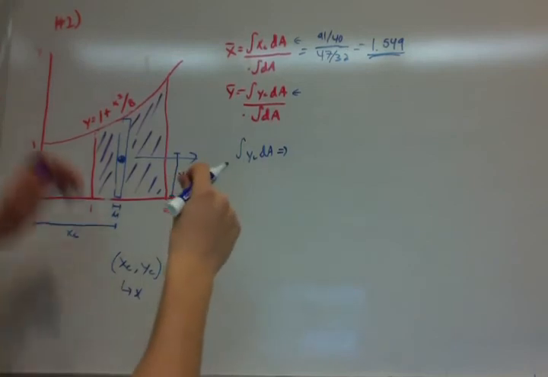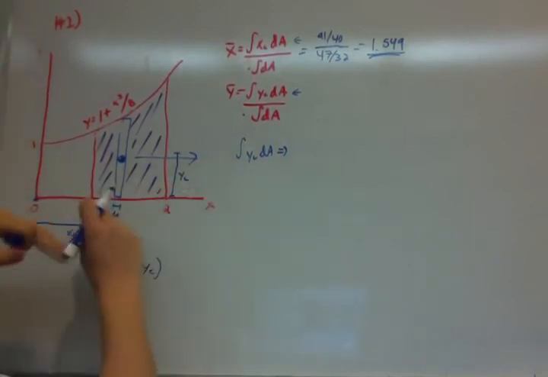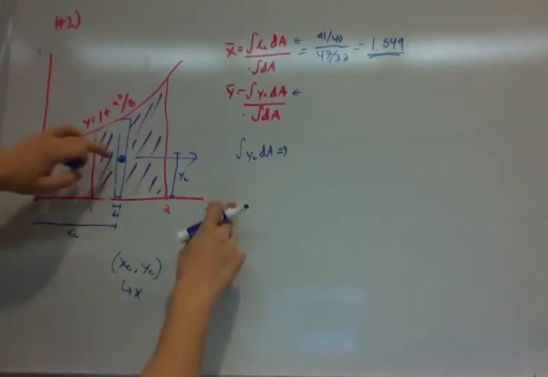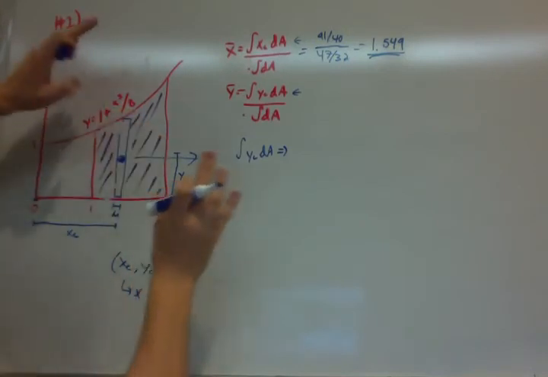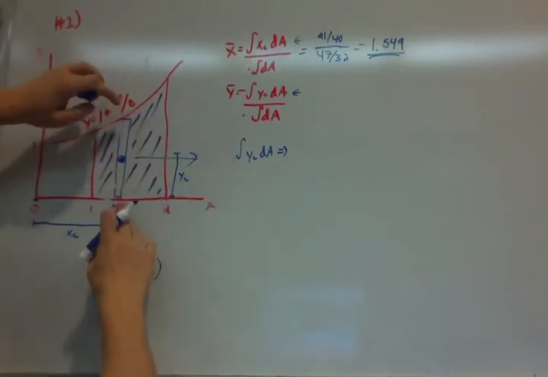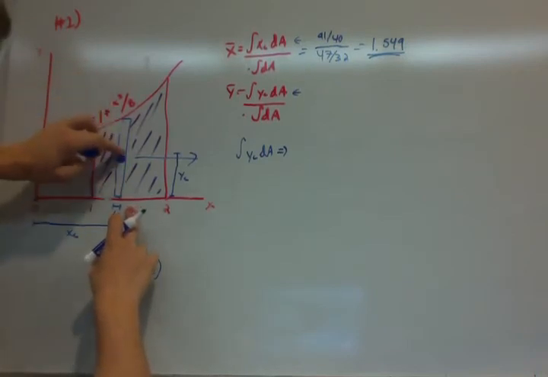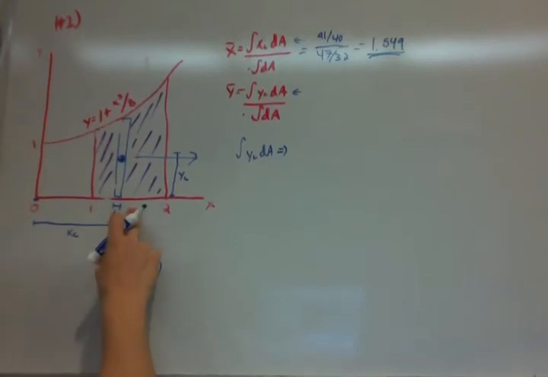Alright, so let's look at this. So our block here, our yc is the distance from the origin plane, right, the x-axis, to the center of gravity of our area. So that would be yc in this case. So if we look at this, y is the total distance from the origin to the top of the shape. But the center of gravity is in the center. This is where we also got confused in class, so I'm just going to try to clarify it.